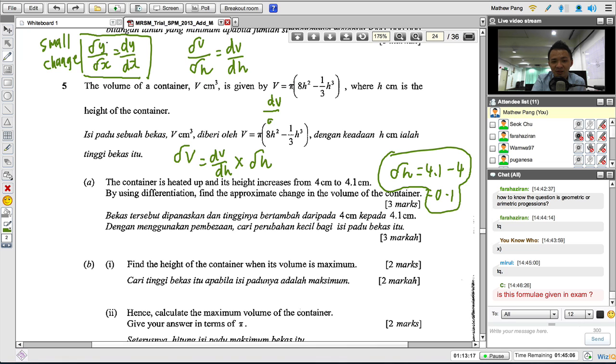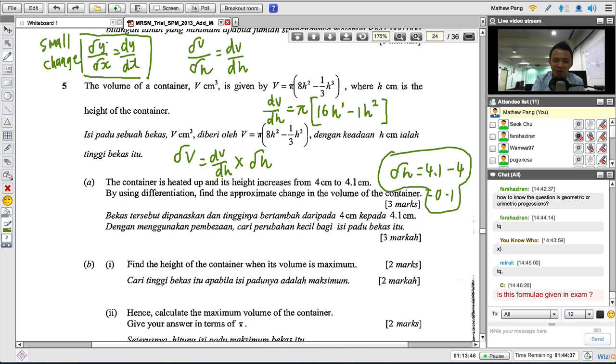Power moves in front, minus 1. 2 moves in front, 2 times 8 is 16, h to the power of 1. Then 3 moves in front, 3 multiplied by negative 1 over 3 gives negative 1, h to the power of 3 minus 1, which is 2. Okay, this is my dv/dh.